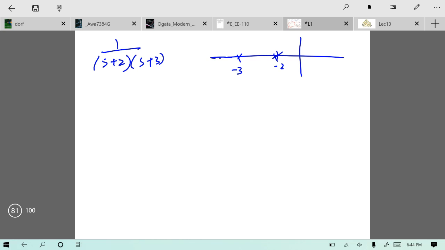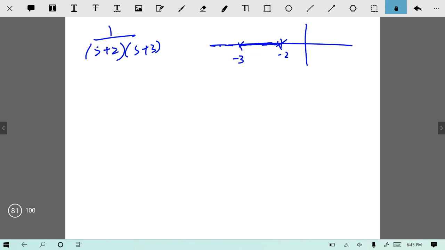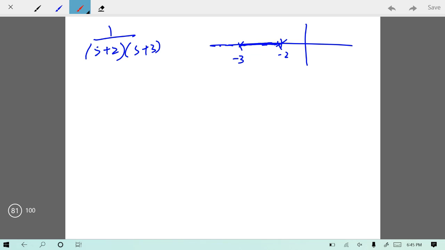If I try to draw the root locus of this system, there will be a portion of real axis which will be the part of root locus over here.